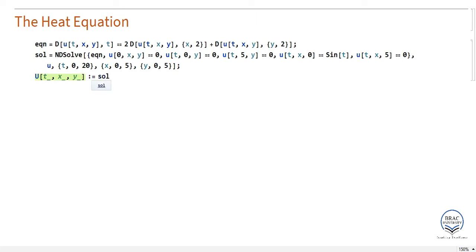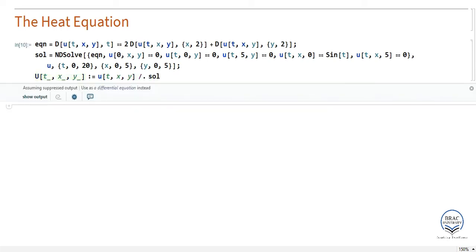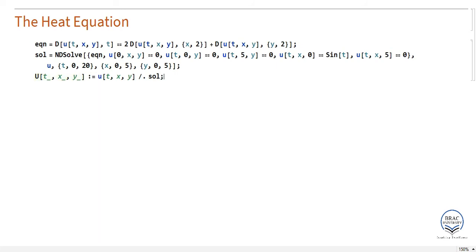So type u of t, x and y, and you want to replace it with the solution coming out of sol. If you replace it, yeah, this is working. So let's now try to plot this thing.